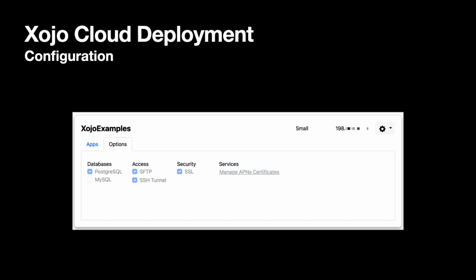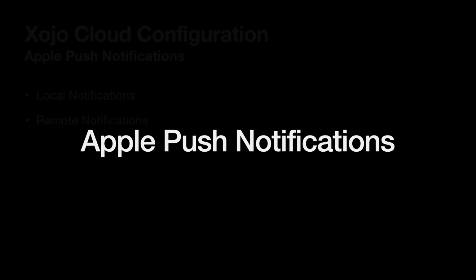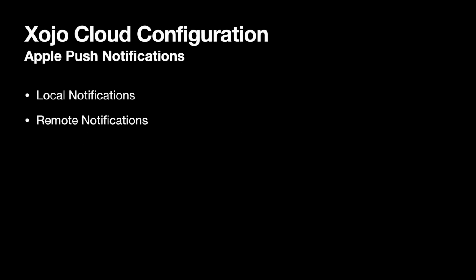And then finally, you can manage APN certificates. Now, you're probably wondering, perhaps, well, what is an APN? An APN is an Apple push notification. So if you're using notifications with an iOS app, that's where these come in handy. Now, if you've never dealt with notifications on the programming side, there are basically 2 types.